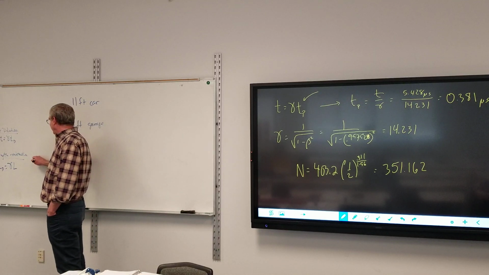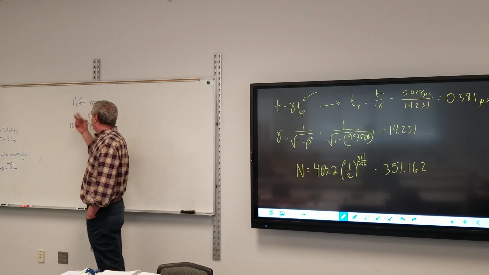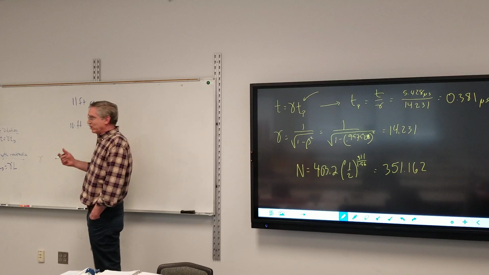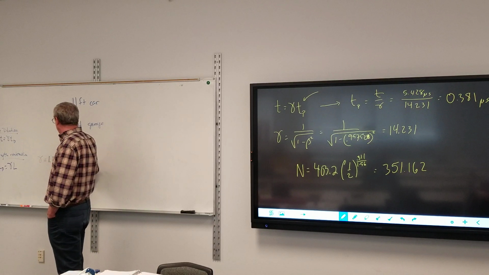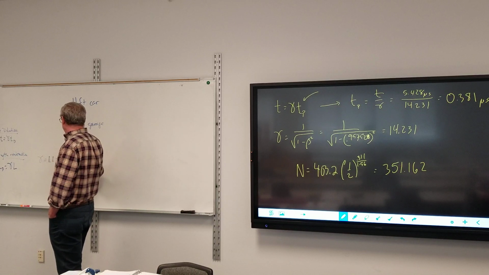So from here, I know gamma, just from the two numbers, it's either gonna be 11/10 or 10/11. Only one of them makes any physical sense there. So gamma's gonna be 1.1, which is gonna be 1 over the square root of 1 minus beta squared.